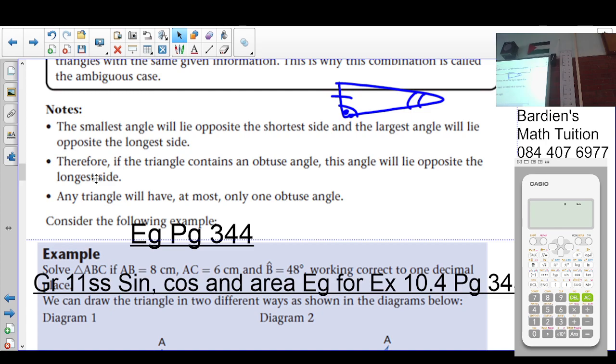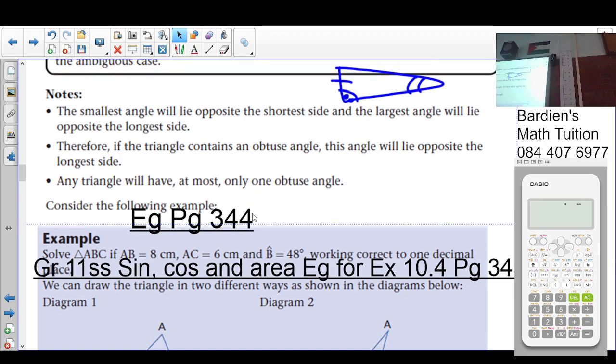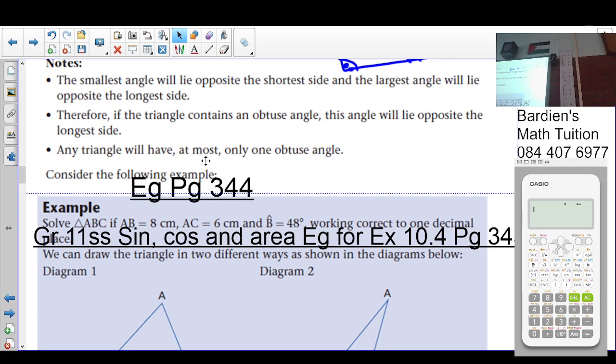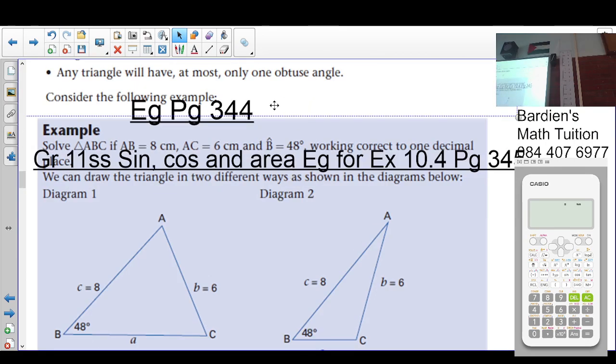The smallest obtuse angle is 90.00001, and you can't have another angle of that size in a triangle, otherwise you're already going over 180. Any triangle will have at most only one obtuse angle.